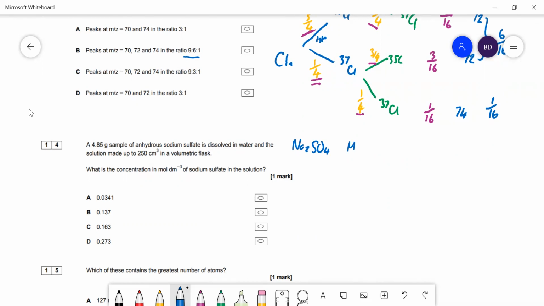Well, the Mr of that is going to be 23 times 2 plus 32.1 plus 4 times 16, which gives us 142.1.